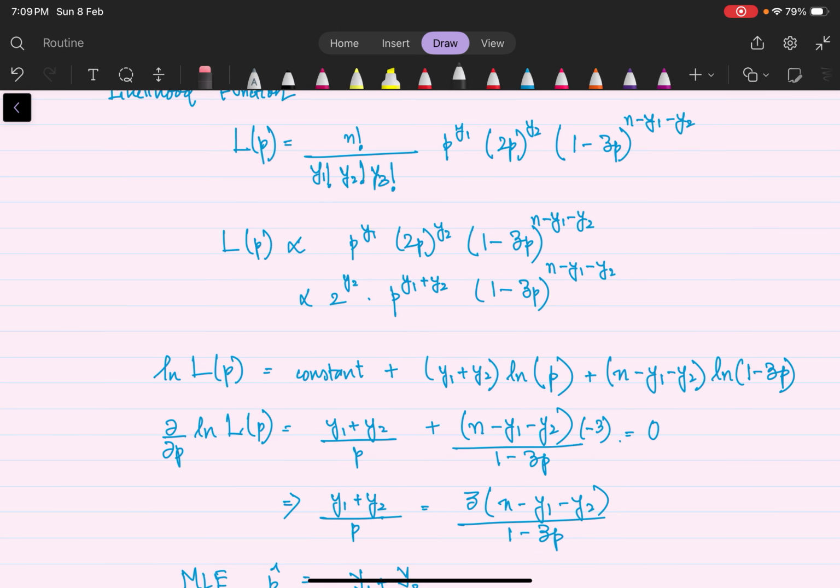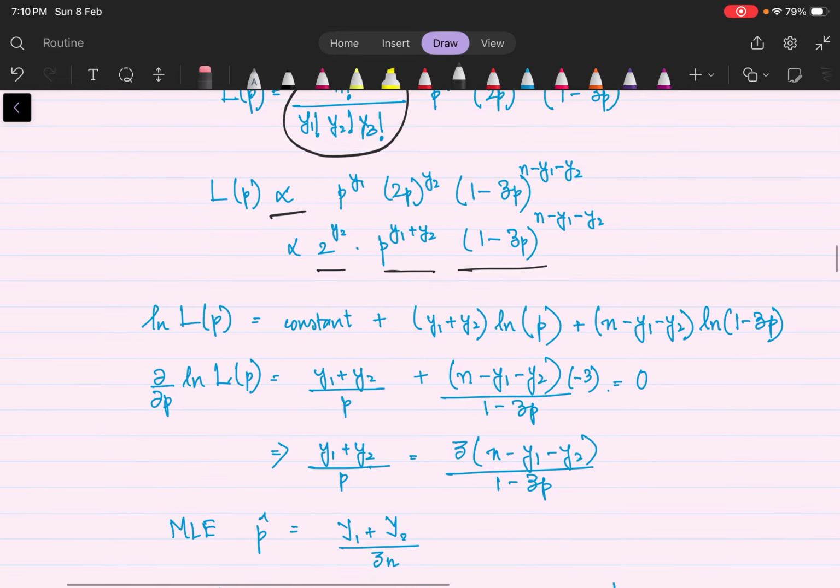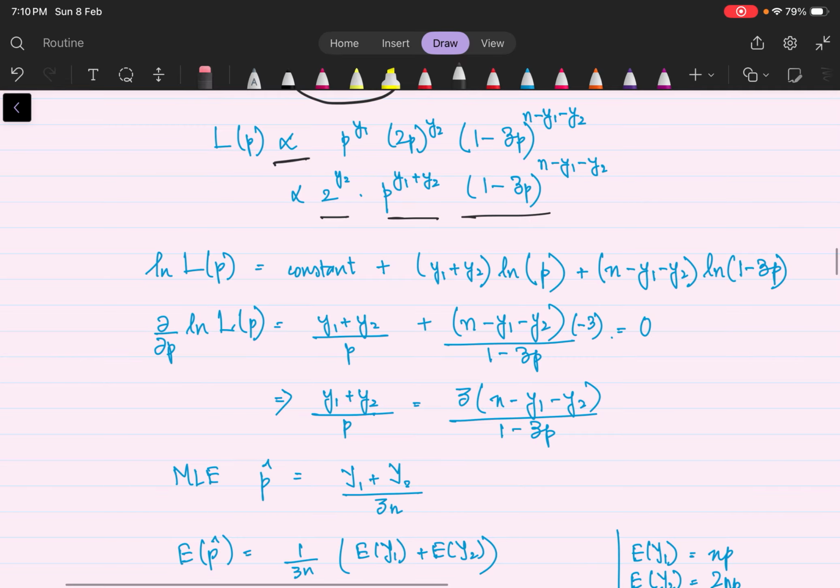And thus we can take the constant out, and write it as proportional to p to the power y1 into 2p to the power y2 into 1 minus 3p to the power n minus y1 minus y2, and thus we can simplify it and write 2 to the power y2 into p to the power y1 plus y2 into 1 minus 3p to the power n minus y1 minus y2.